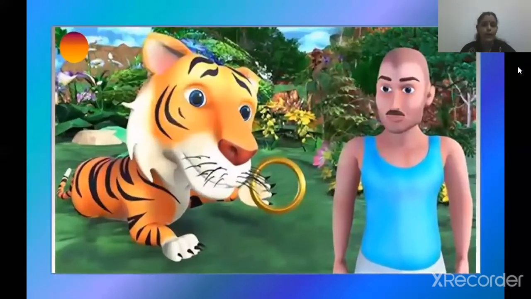Yes, we have a traveler, a tiger, gold bangle, and we have a forest, right? Where do they meet? In the forest. So who are the main characters? Old traveler and tiger.